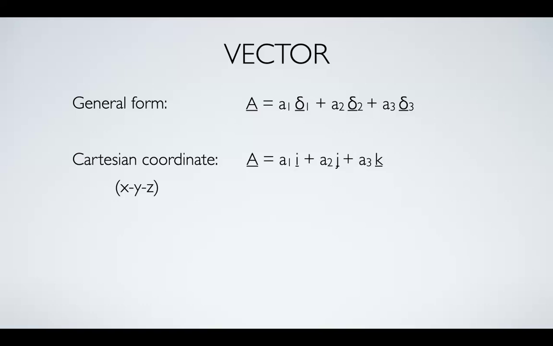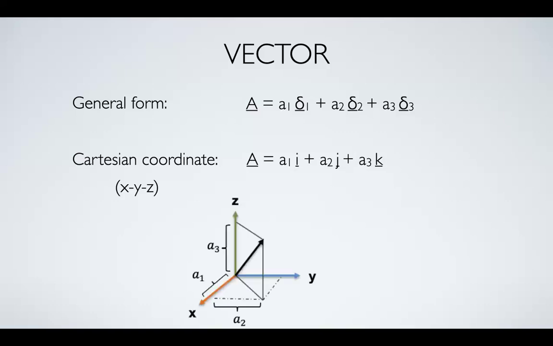But IJK, since they are the unit vectors of the coordinate system, represent vectors. In the Cartesian coordinates x, y, and z, if I have vector A right here, which is this arrow, you can see that it has a magnitude in the x-axis of A1, in the y-axis of A2, and A3 in the K direction.